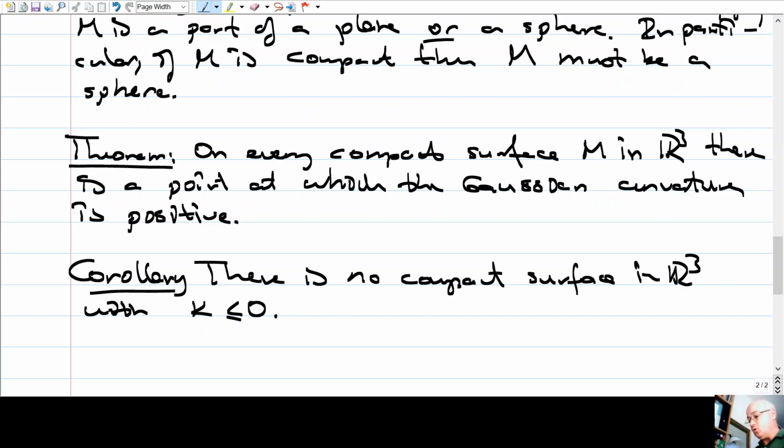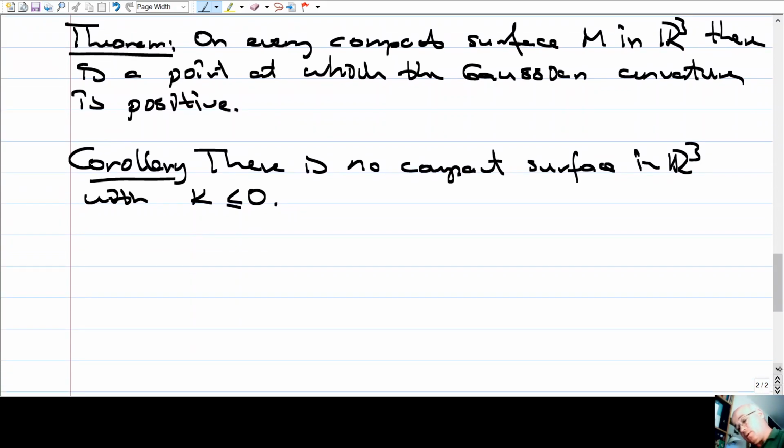Okay, there's no such surface in R3. Compact surface, of course. There are non-compact surfaces where Gaussian curvature is always 0 or negative, but there's no compact surface. All right, let's see the proof.